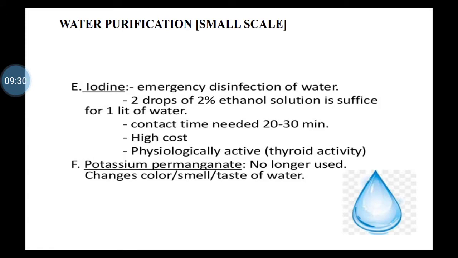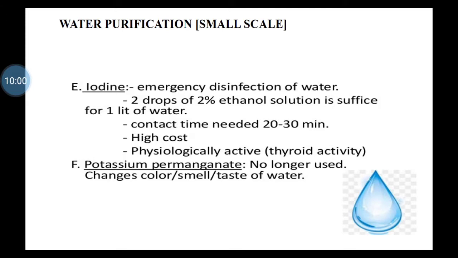The next compound which is used is potassium permanganate. Now this is a strong oxidizing agent, isn't it? And it can kill many microbes also, like the microorganism responsible for cholera outbreaks, Vibrio cholerae, that also can be destroyed, isn't it? This is not used nowadays, isn't it?